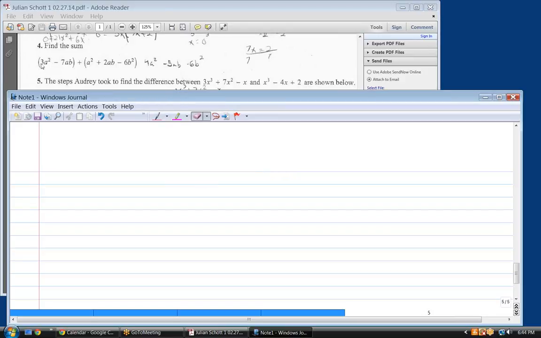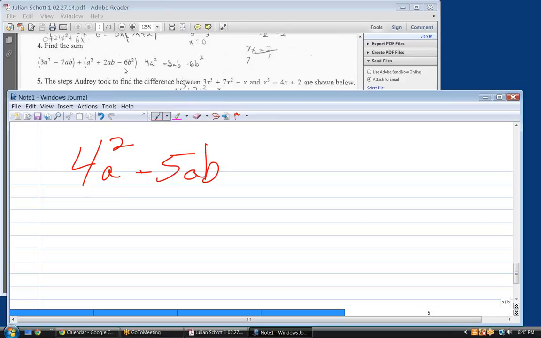Well, one like term is the a squared term. We got 4 of those. We got 3 there, we got 1 there. So that's where we get the 4a squared from. How many ab terms do we have? And when you combine them, what are they? Minus 5. Because we have a minus 7 and a plus 2.